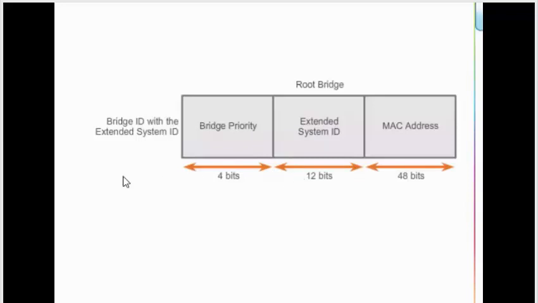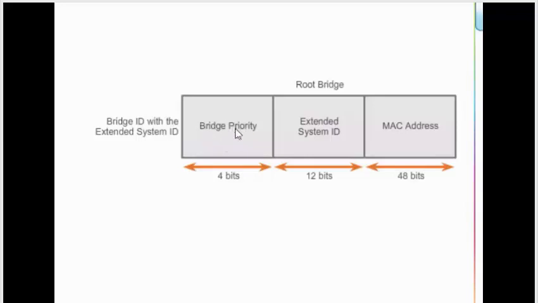The lowest priority value means that switch is the root bridge for that spanning tree instance only. The lowest priority is the lowest BID, and the switch with the lowest priority value becomes the root bridge. The lowest priority actually takes precedence. So if you want a switch to become the root bridge, set the priority value as the lowest.